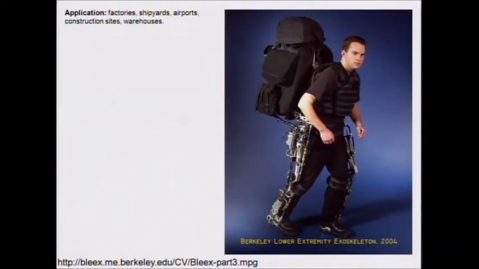So imagine two people are side to side. The first person decides to move and the second person follows, but the second person carries the load, a mechanical second person. Very, very useful things in factories, in airports, in warehouses, and so on.